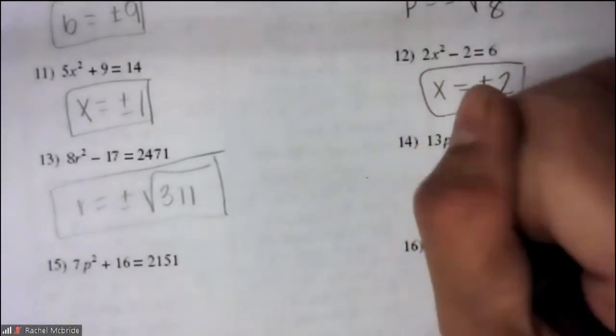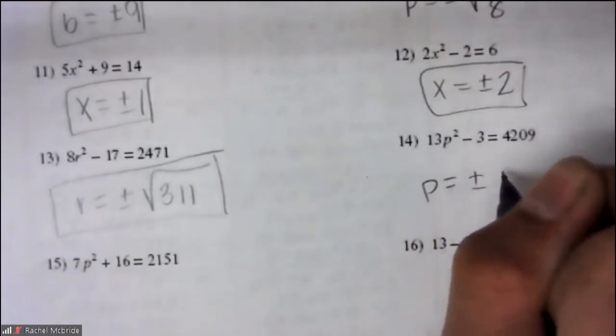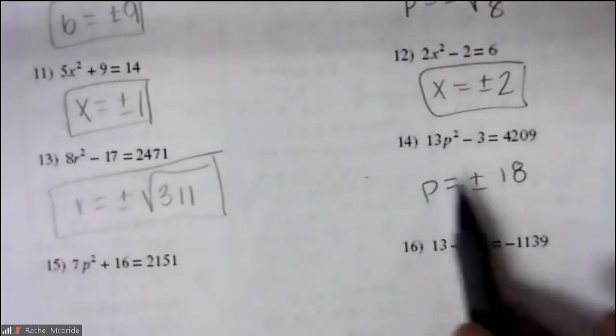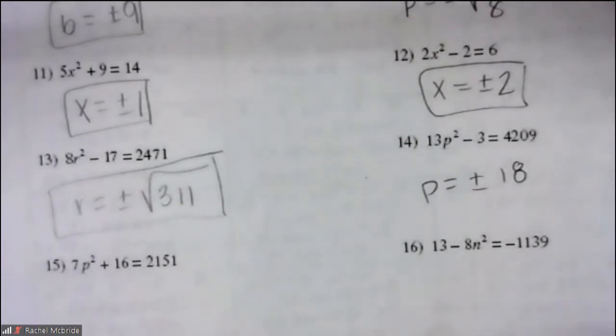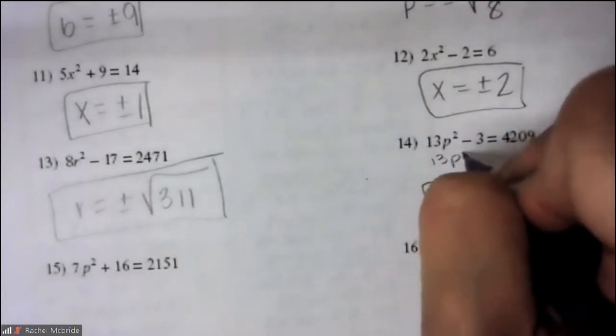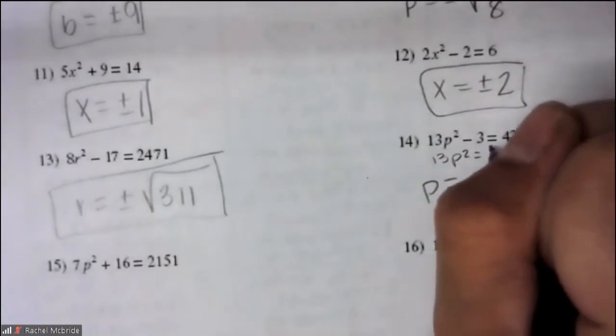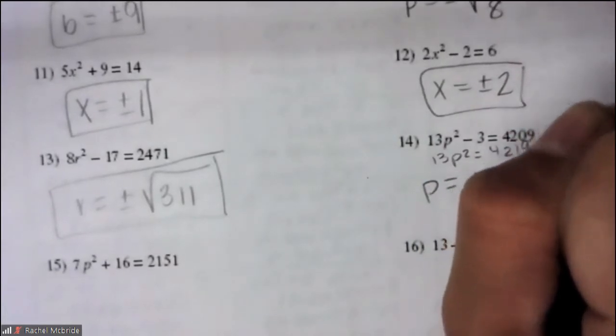14, p equals plus or minus 18. So when you did that problem, you added 3 to 4,209. So you had 13p squared equals 4,212.